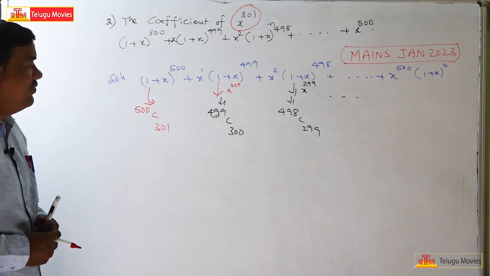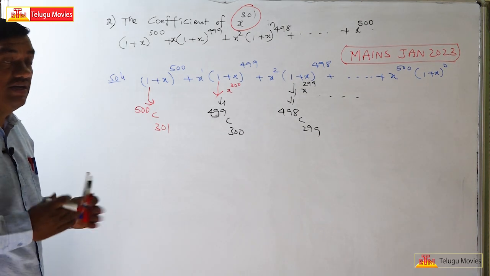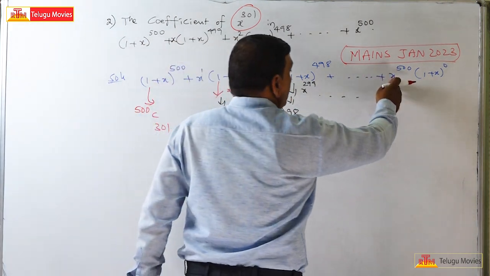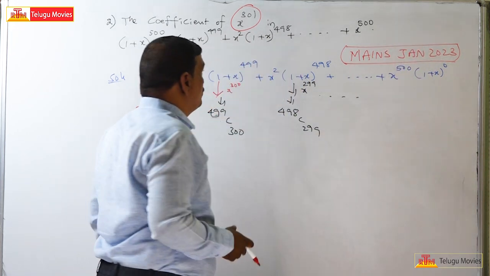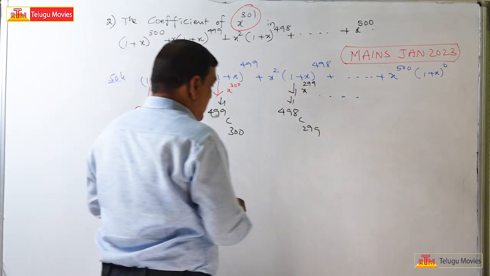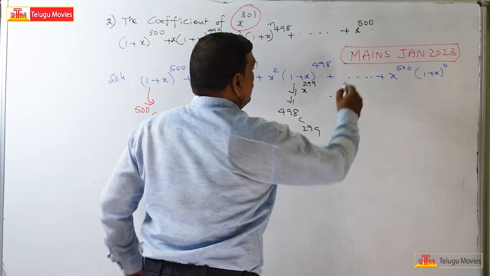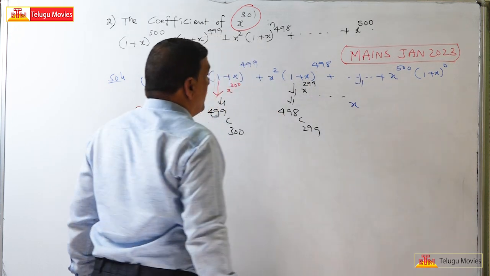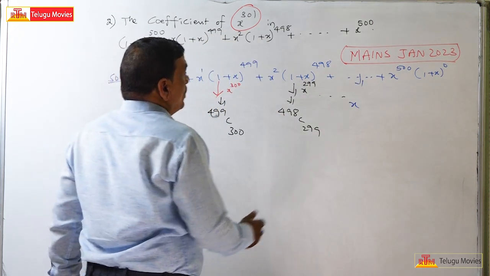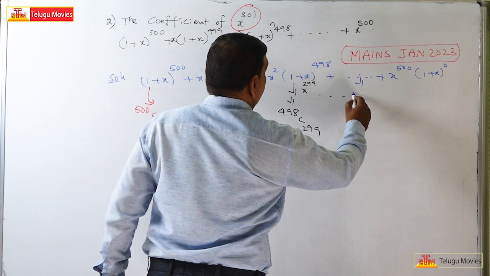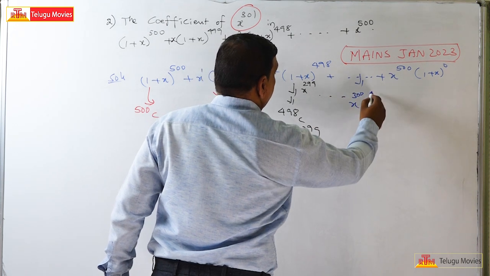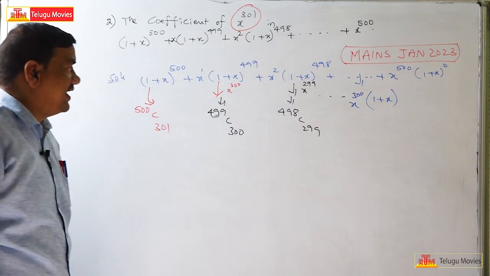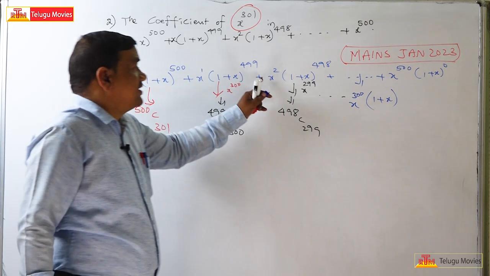If you go on doing so, where will it end? If you observe here x square, somewhere you will get the coefficient of x to the power of 500. So in between you will definitely get x to the power of 300 into (1 + x) to the power of some number.